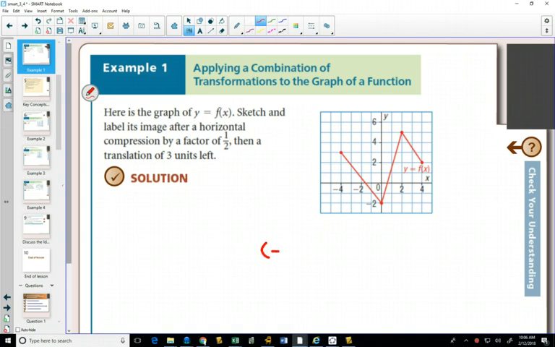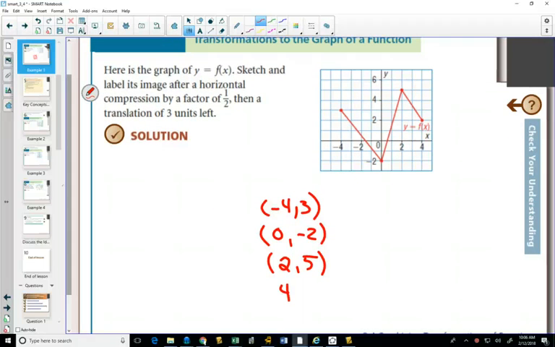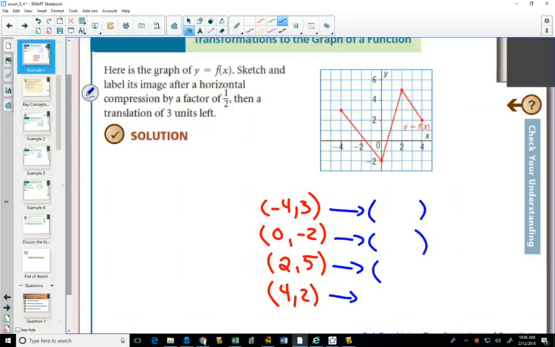We've got -4, 3, 0, -2, 2, 5, and 4, 2. We have stretches and translations here.